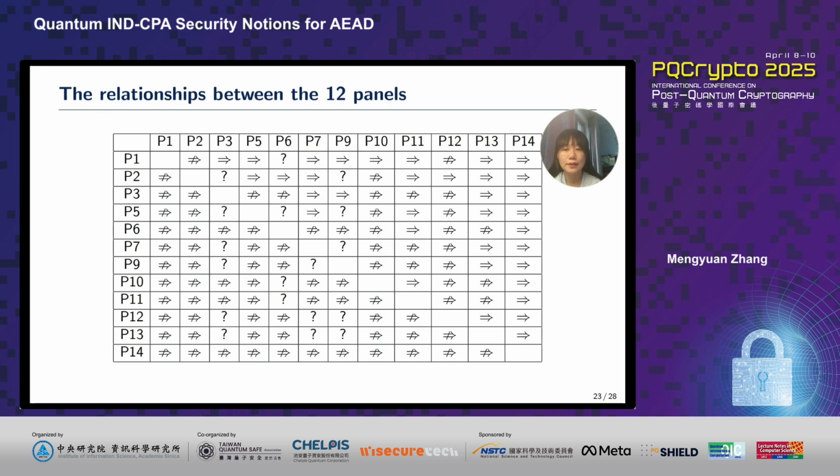This table presents the implications and separations between certain panels, while the cell marked with a question mark indicates open problems. We can see from the table that P1 and P2 collectively imply all other security notions, but there is a separation between P1 and P2.